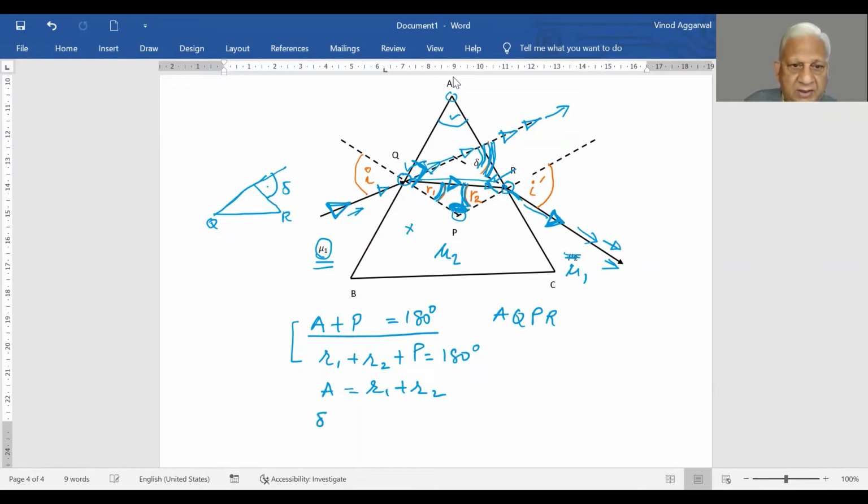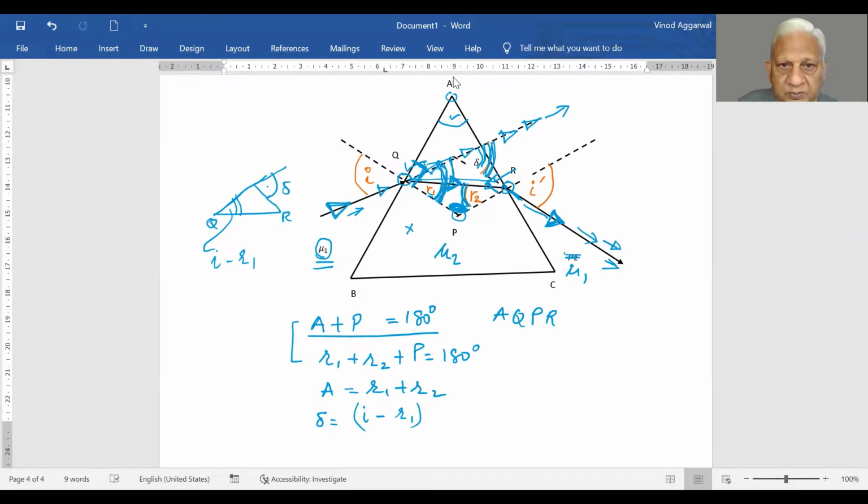So we can write delta is equal to I minus R1. This whole was I, and this part was R1. If you subtract R1, you will get this angle. This angle is nothing but I minus R1.